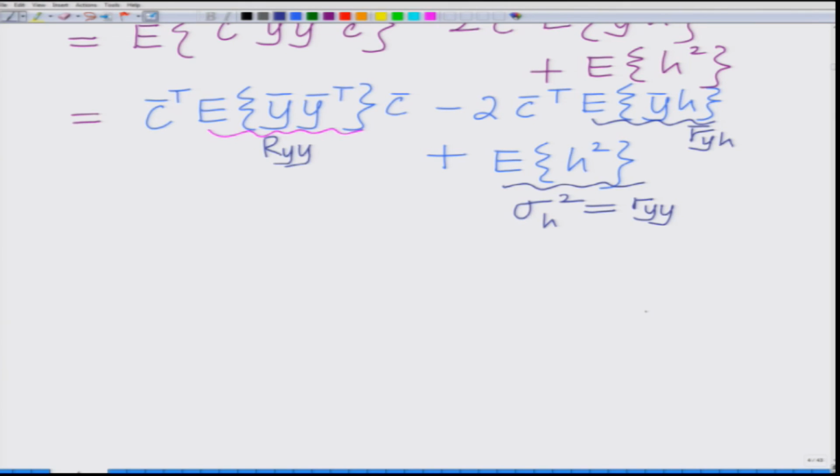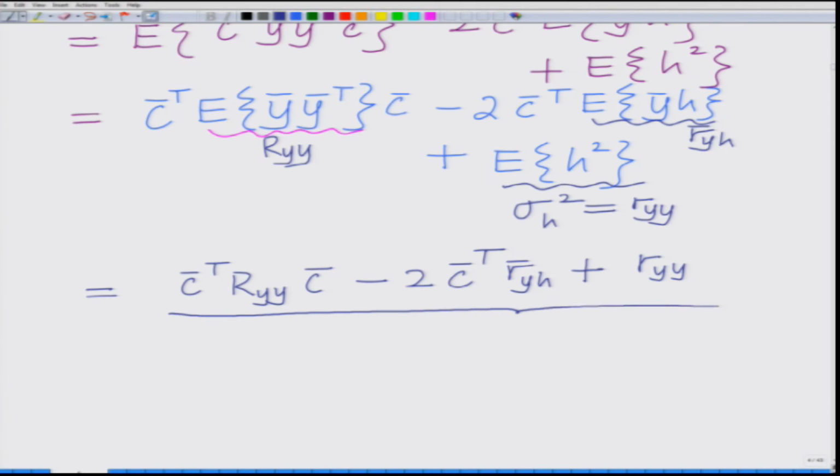Therefore, net you can simplify this quantity as C bar transpose R_y C bar minus twice C bar transpose r_yH plus R_h. What is this? This is your MSE as a function of C bar, which is the combining vector.